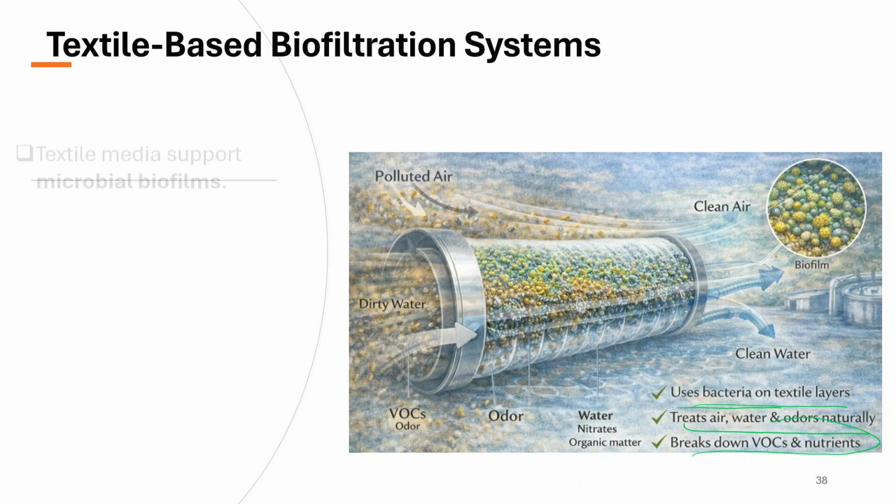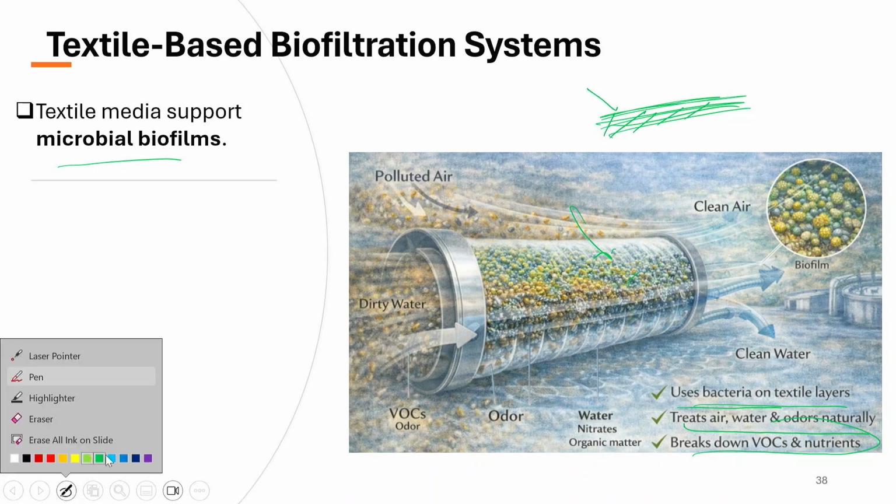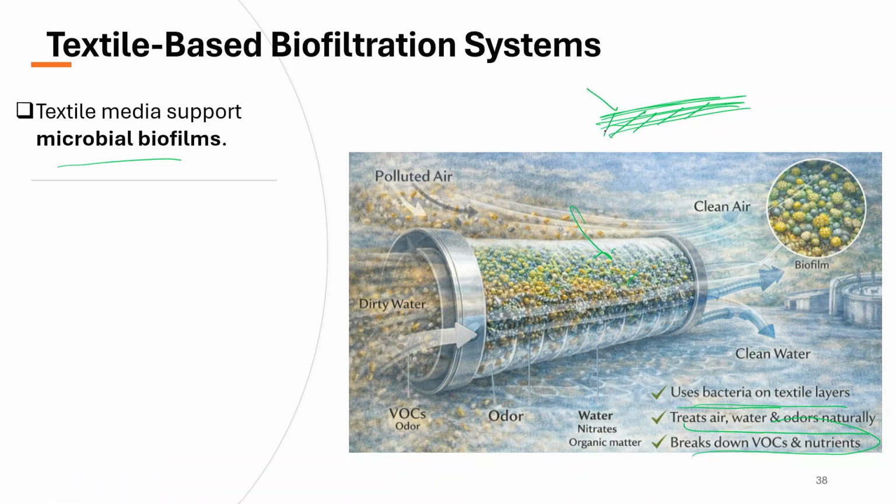So, in biofiltration we treat the textile material with a biological component. The textile media support the microbial biofilm. On the textile fabric, the biofilm is generated, and the textile material supports it.